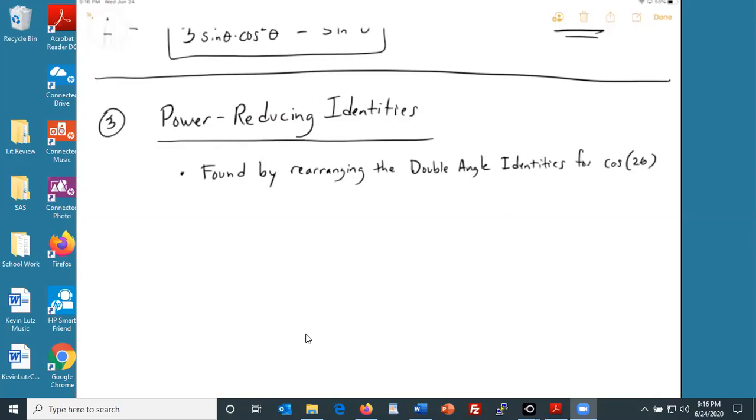All right, so for example, the first one, we know that cosine of 2 theta is equal to 2 cosine squared of theta minus 1.